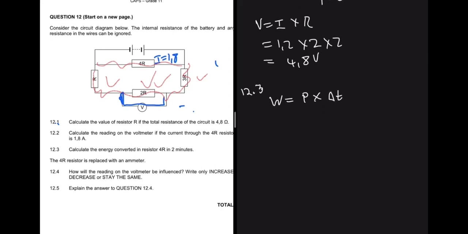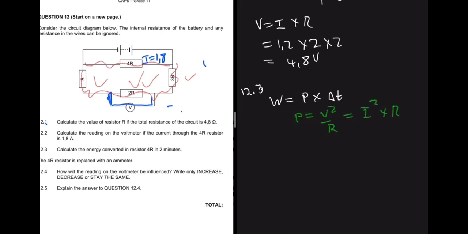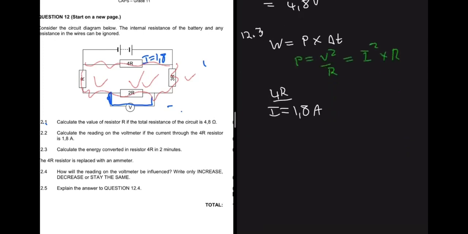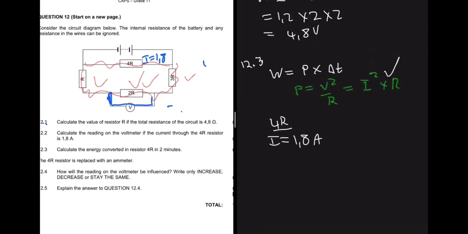But the power can be equal to two things: V squared divided by R, or I squared multiplied by R. So let's look at the information we have for the 4R resistor, so that we can decide which formula to use. If we go to 4R, you will realize that we know the current. It is said to be 1.8 amps, so we're going to use this formula of P.